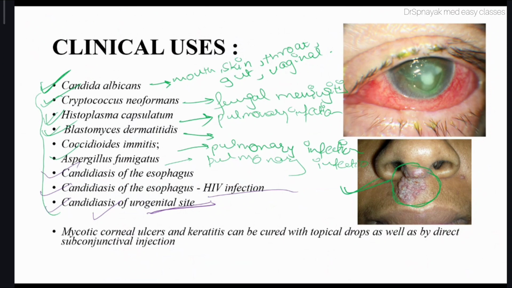Then it is used in mycotic corneal ulcers and keratitis. This is an example. It causes keratitis, which is a sort of eye infection.